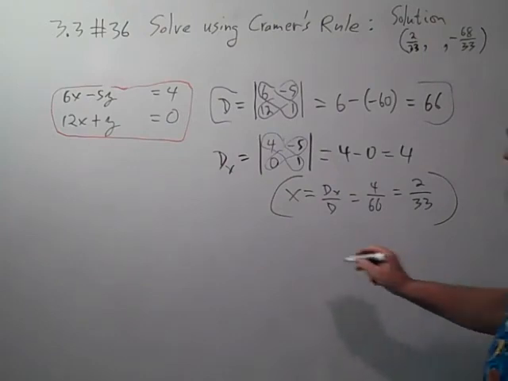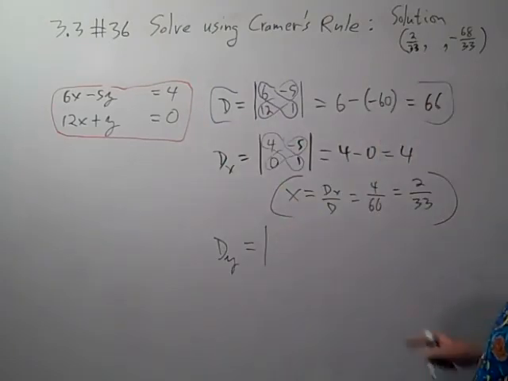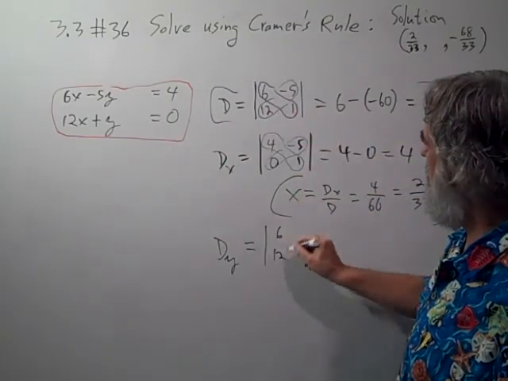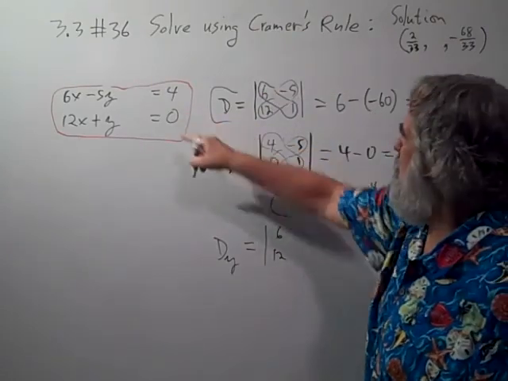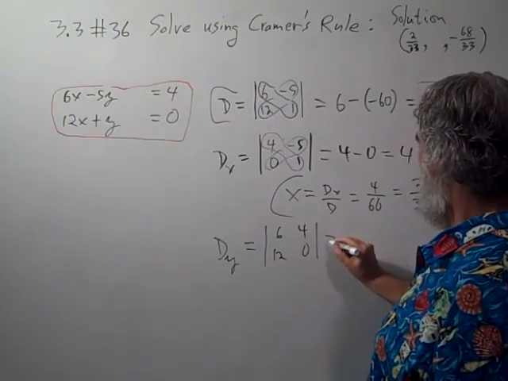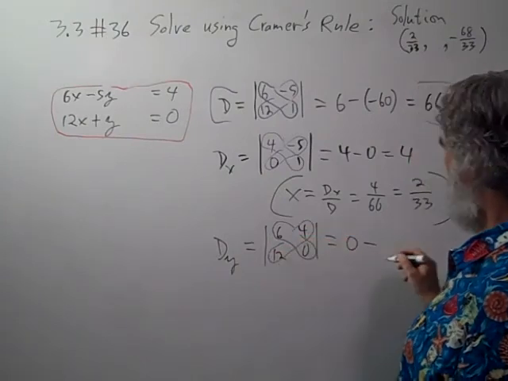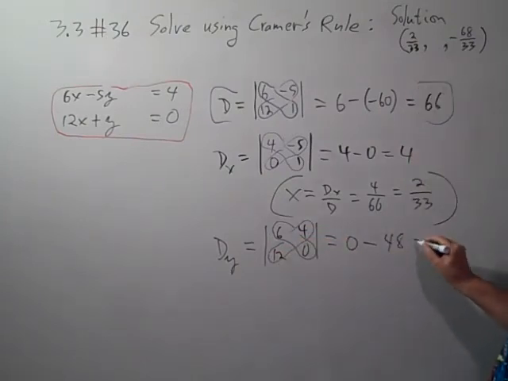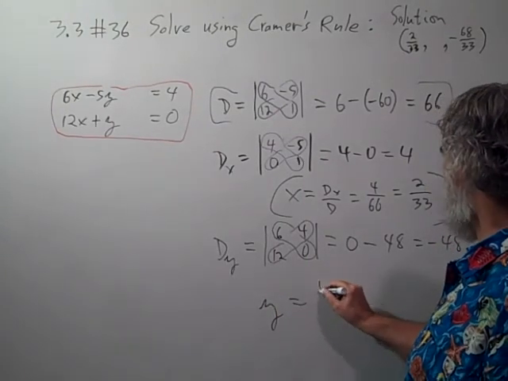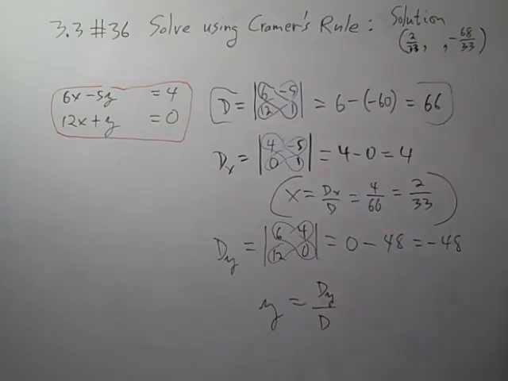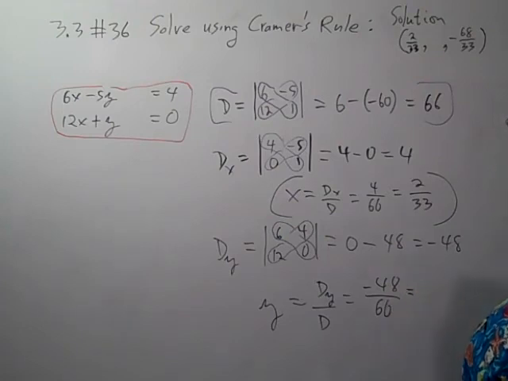Finally, we can find y by putting 4, 0 over the y column of this little d. So 6, 12, the x column is the same as it was. But instead of the y column, we're going to use 4, 0. So we have 6 times 0 is 0, minus 12 times 4 is 48. So d sub y is negative 48. And that means that y will equal d sub y divided by d, which is negative 48 divided by 66.